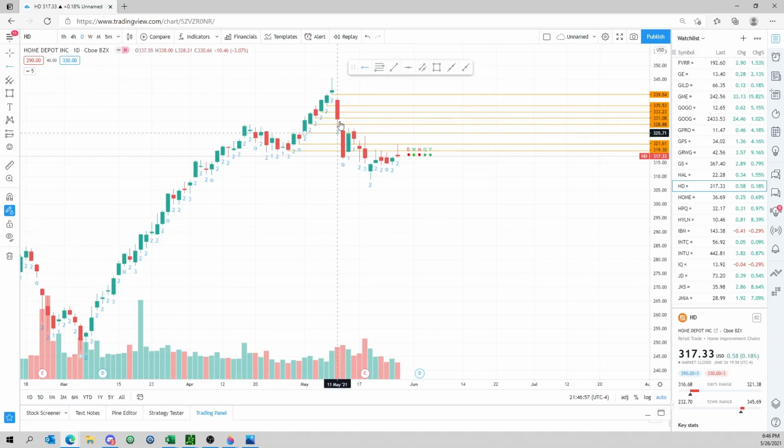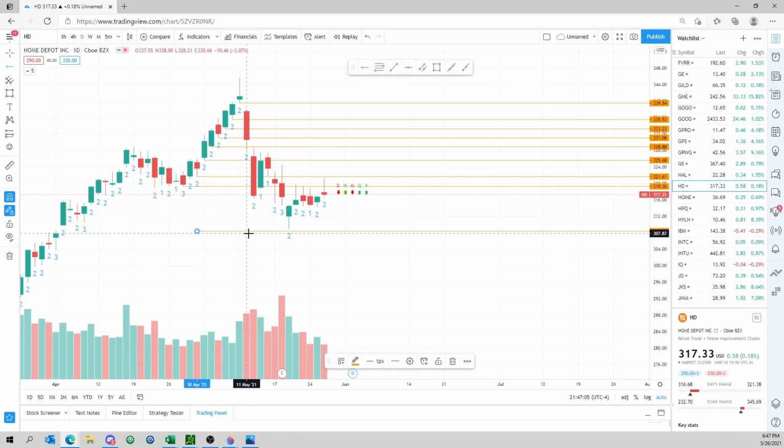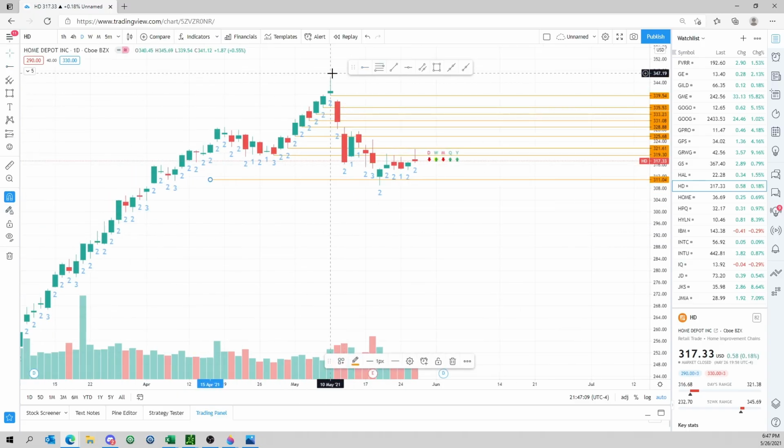And then at this point is where we waited to buy puts. And this candle up here is just perfect for a reversal, right? Inverted hammer, I'll call it. Nice setup for a reversal.